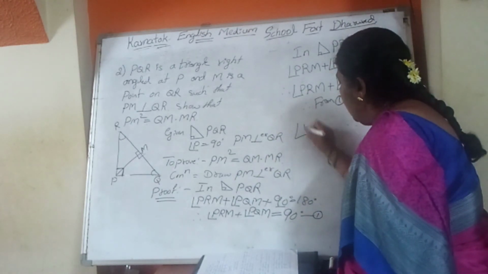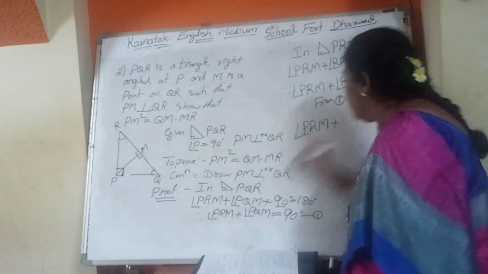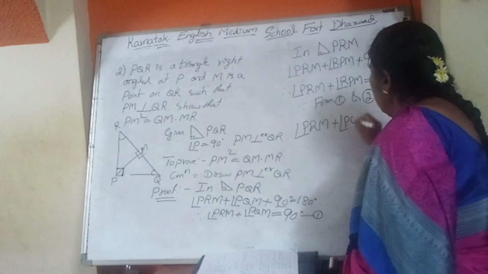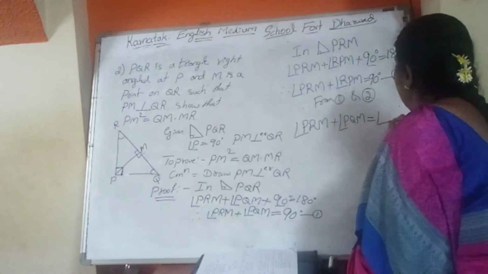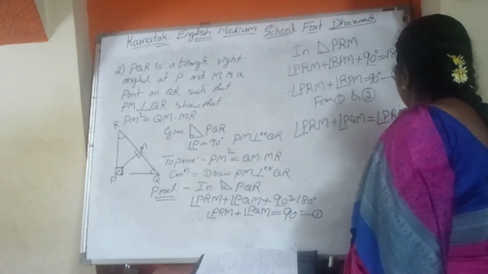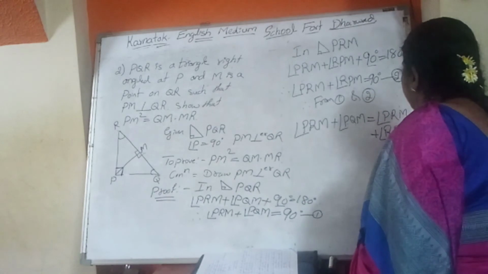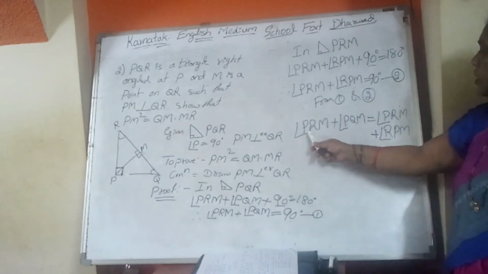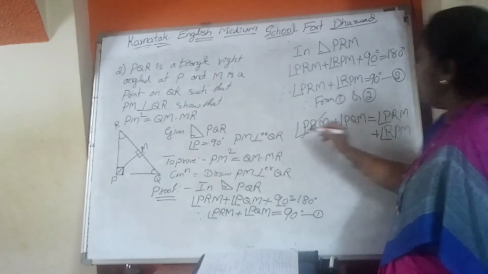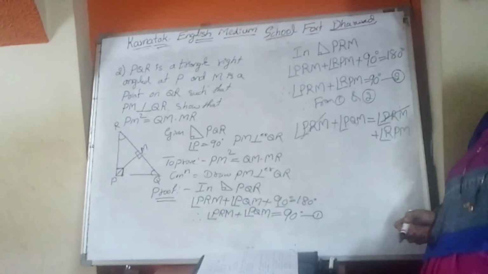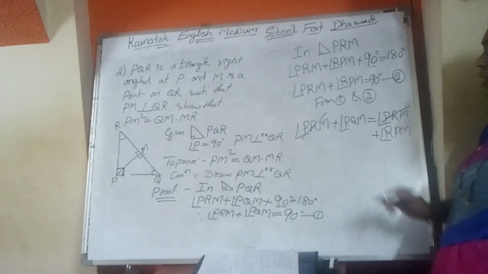Therefore angle PRM plus angle PQM equals angle PRM plus angle RPM. So these two angles are equal. Observe here, this PRM gets cancelled.